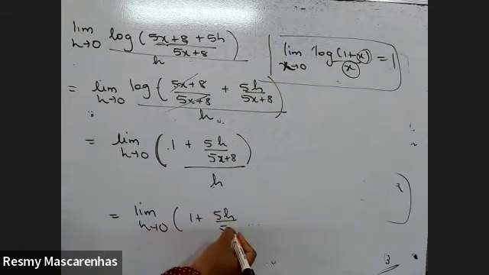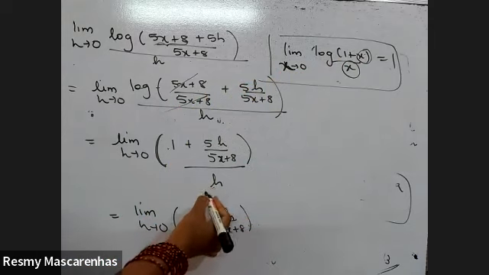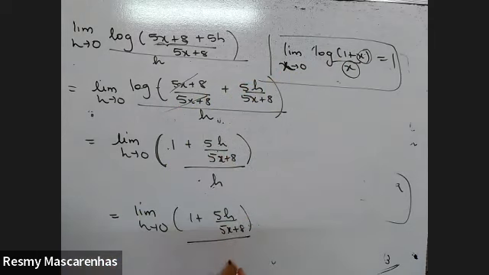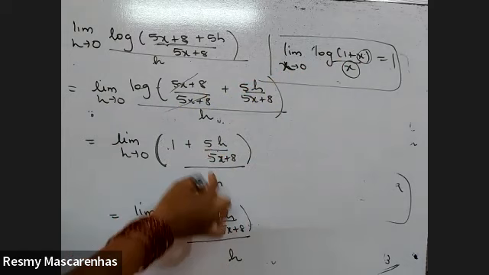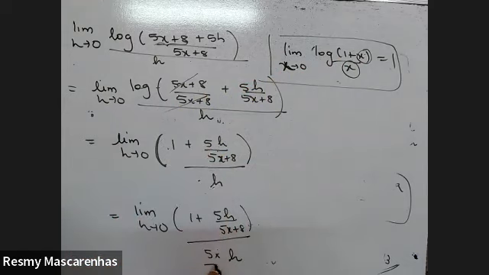This is already there, but this part also should match with this one. So what I'll do, introduce: I'm multiplying h by 5 upon 5x plus 8. The same thing I have to multiply here also. Balancing. Now if you notice, it's correct. 1 plus that, this and this are matching.